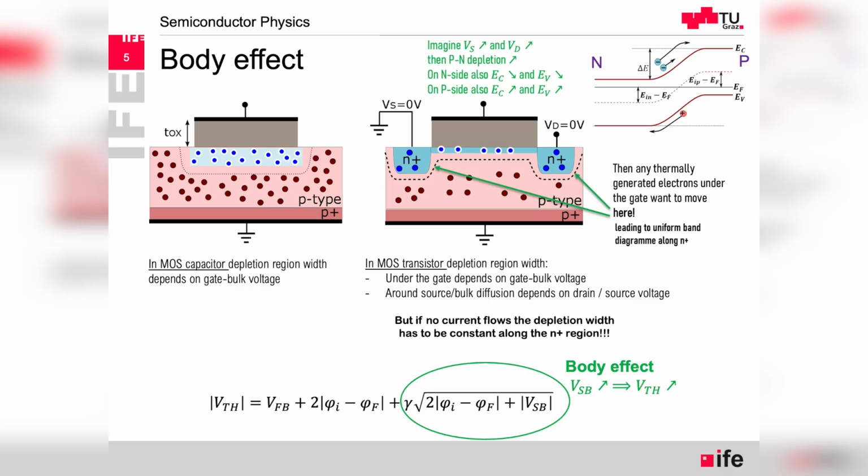The situation complicates a little bit, and it becomes more interesting if we add those two terminals, source and drain. What the expression from the previous slide was saying is that if we increase the voltage difference between source and bulk, then the threshold voltage is increasing. So why?